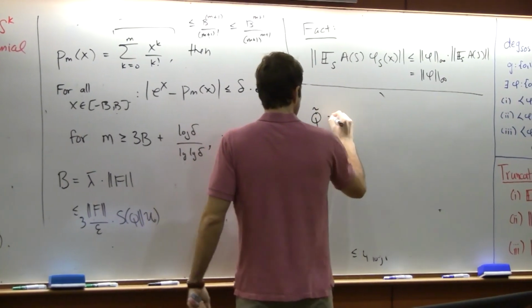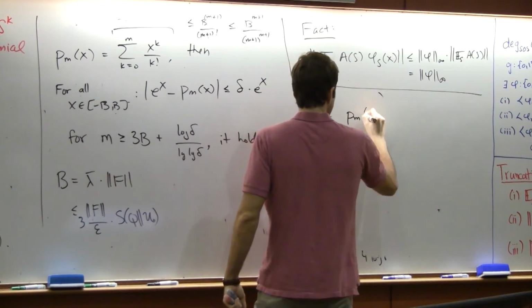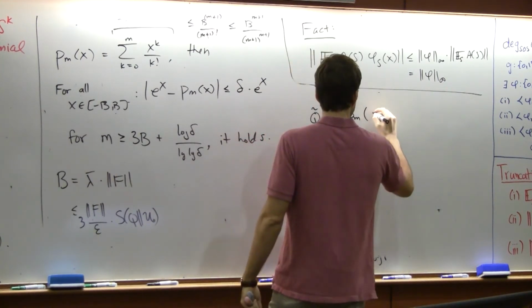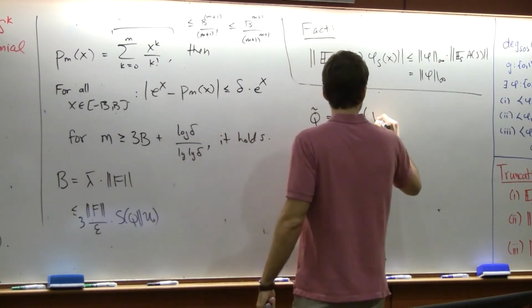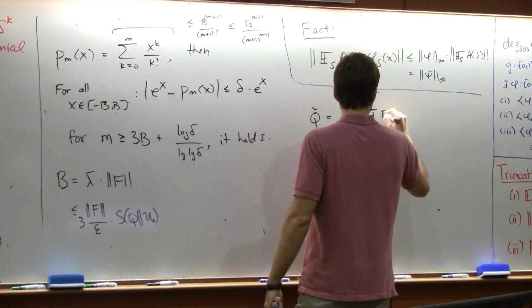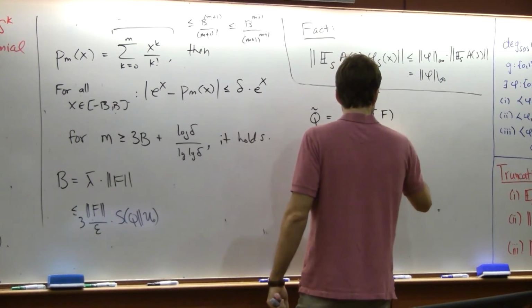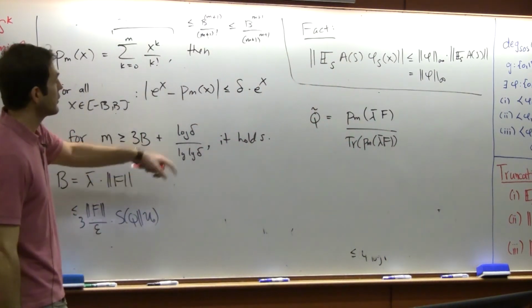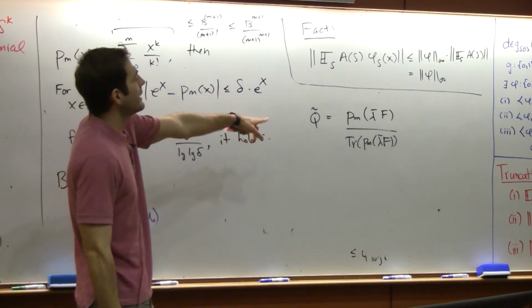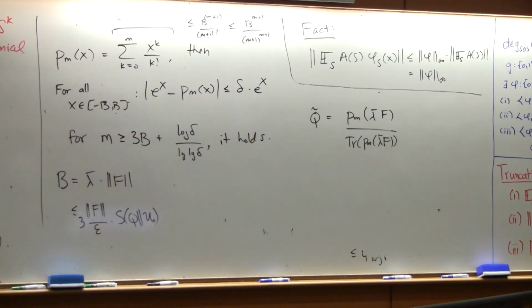Our naive thing is, define this as p m of lambda bar f over trace of this thing. So what we just argued is that if we choose m large enough, then the L infinity error of this approximator to our x hat is small.